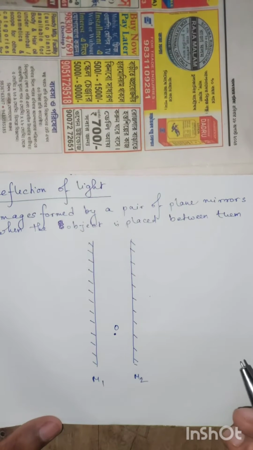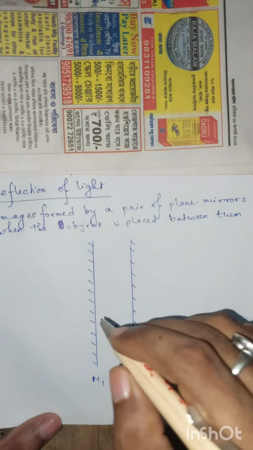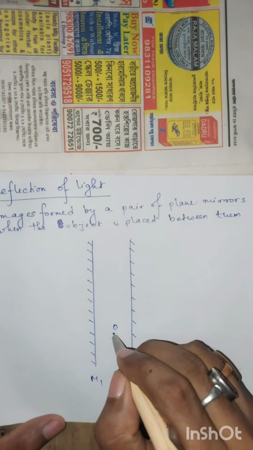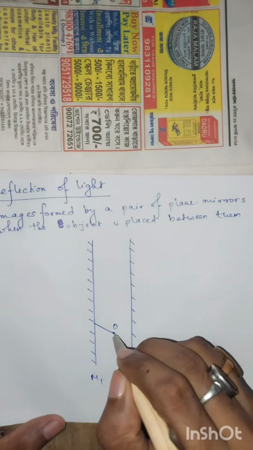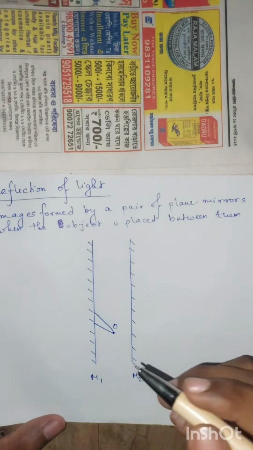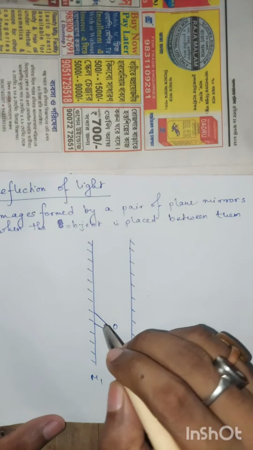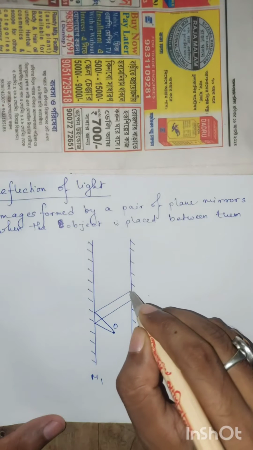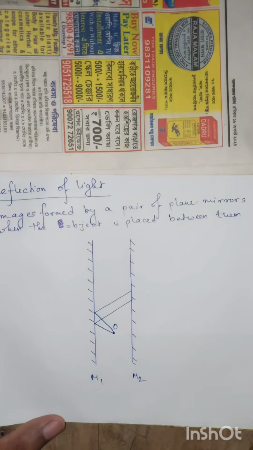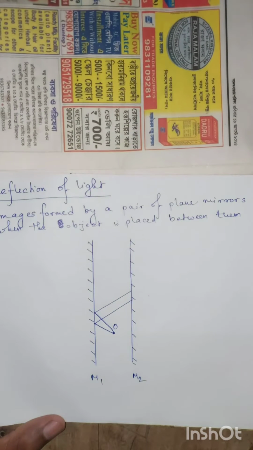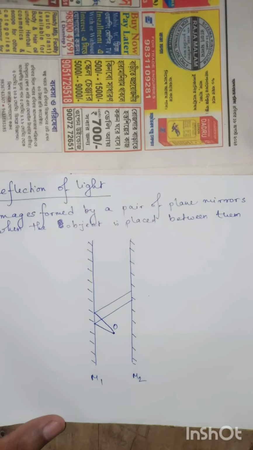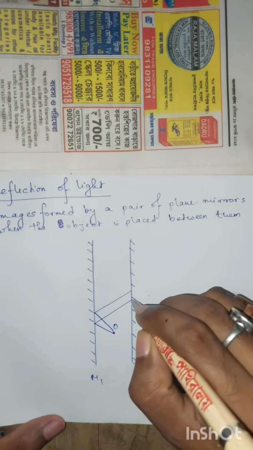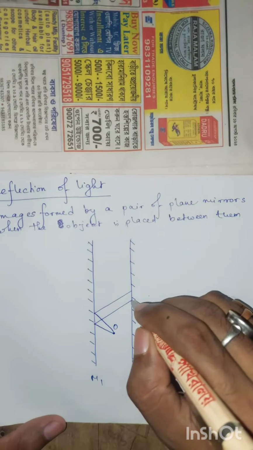Now let us assume two rays are coming out of this object and getting reflected in the mirror. Again, it can get reflected.